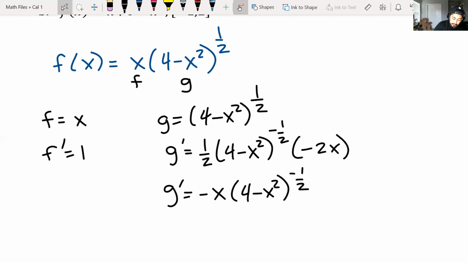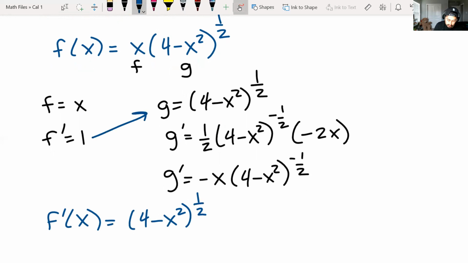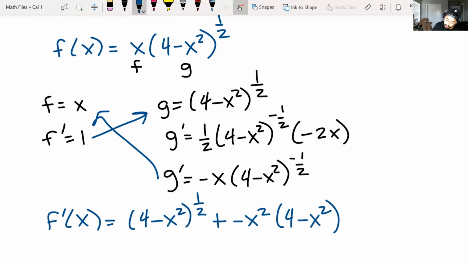Okay, finish up my product rule back here. F prime of x is 4 minus x squared to the 1/2 plus G prime F, that's negative x squared times 4 minus x squared to the negative 1/2. Cleanup time.